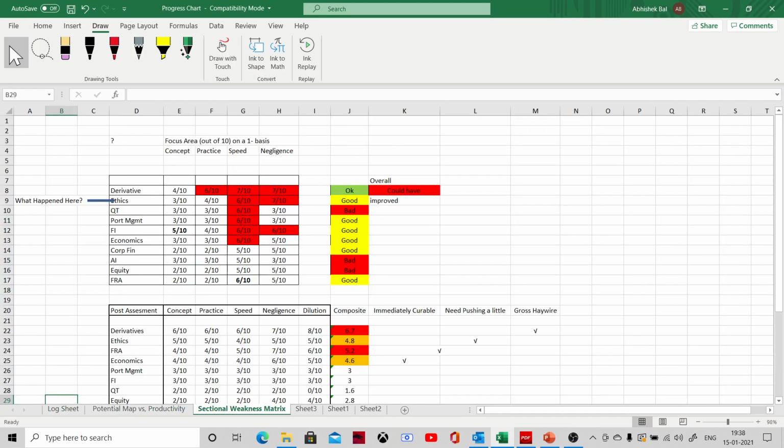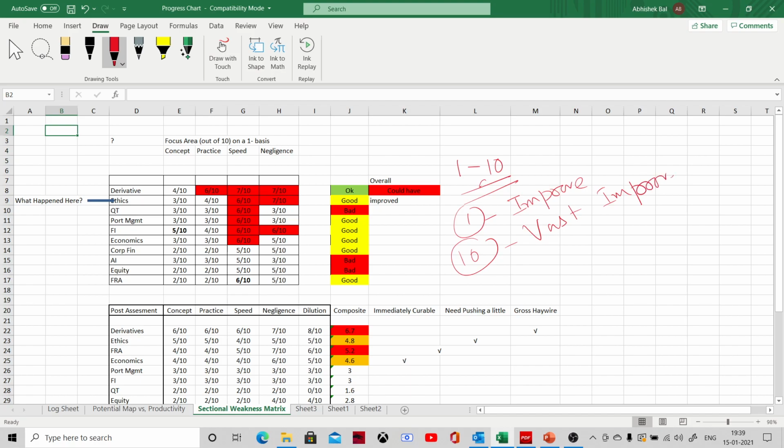So what I did here is that I tabulated on a scale of 1 to 10, and what this 1 to 10 signified: 1 signified that there is really not much to improve upon, things have been very near to perfect, and 10 obviously means that vast improvement is required.